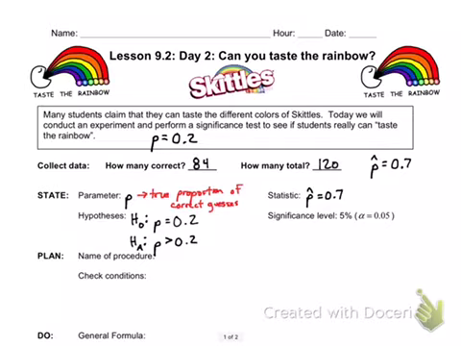The name of the procedure here, again, this is all repeat, so you have this written down probably. It's the one sample z-test for p, your population proportion. Now, an abbreviation for this is a one prop z-test.